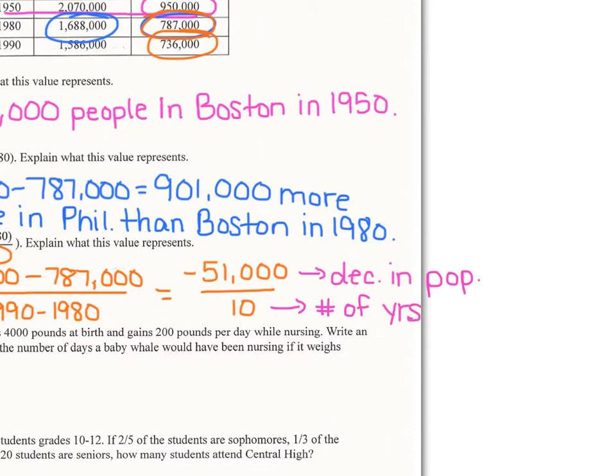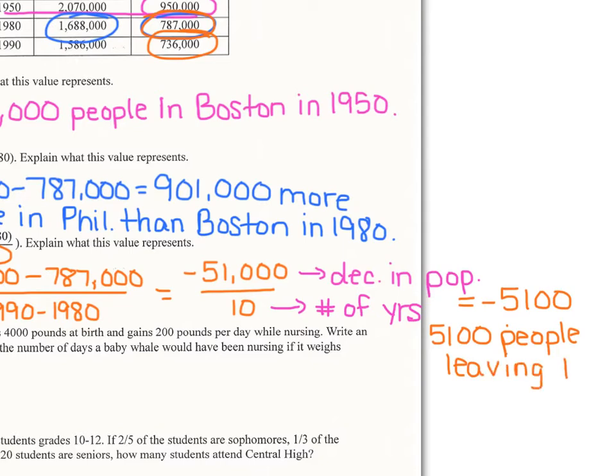But I'm not done yet because that wants me to actually divide. So when I divide that, I get negative 5,100. And that means that there were 5,100 people leaving Boston per year.